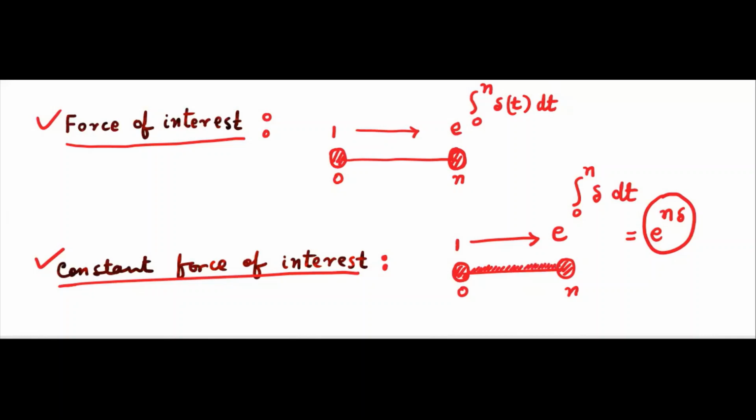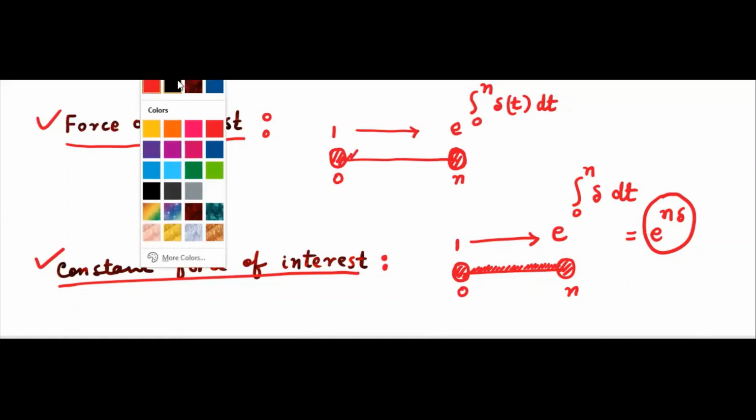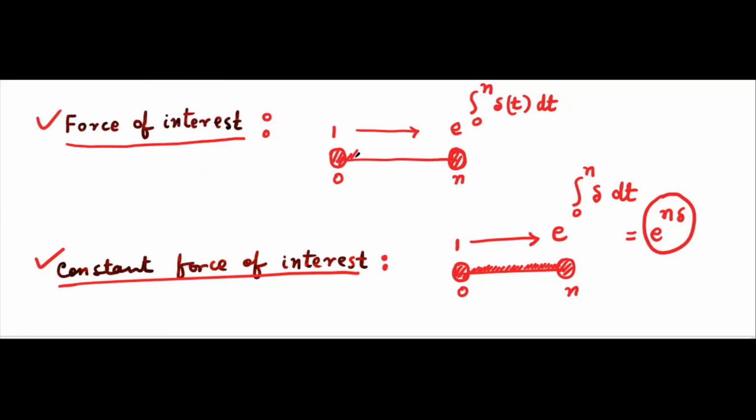However, here the interest rate is a variable one. It will vary from time to time. Suppose here 5%, here 2%, here 3%, here 8%. It's different at different times.